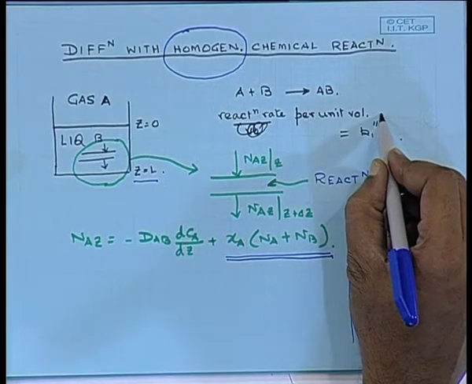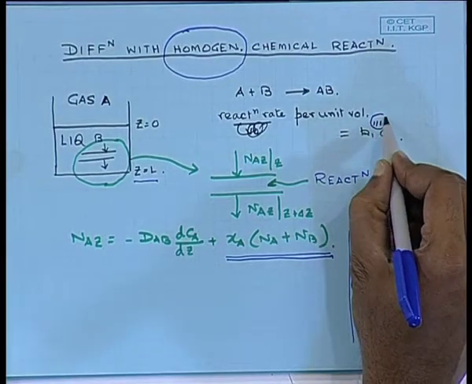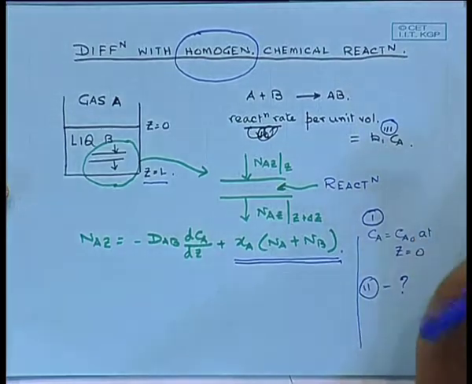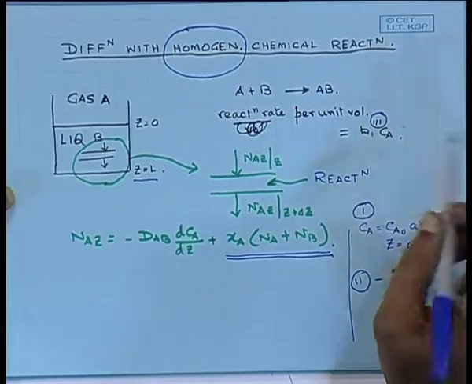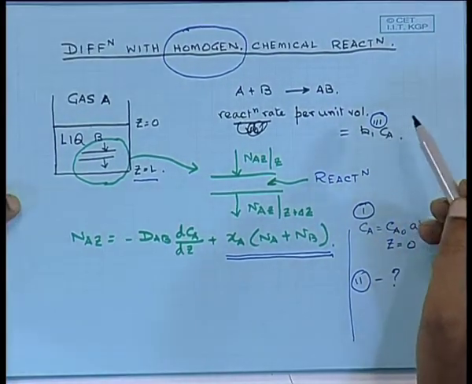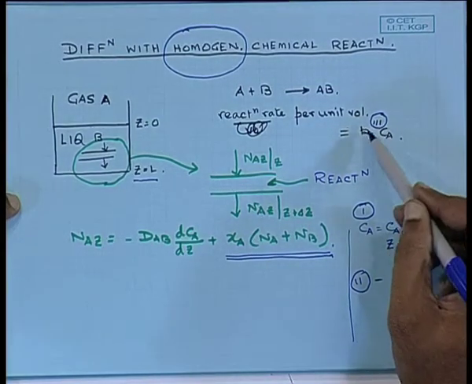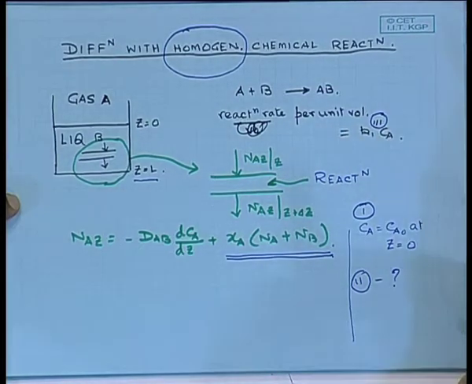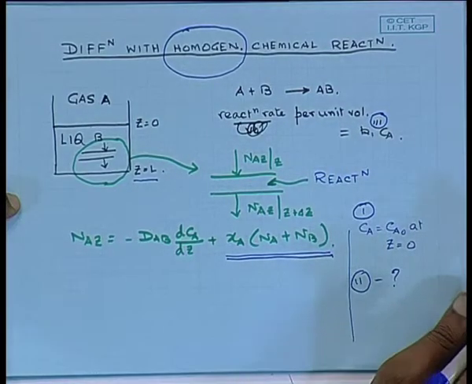I would again bring to your notice the triple prime, which is generally for homogeneous reactions. It is a reaction rate, that means moles per unit volume per unit time.